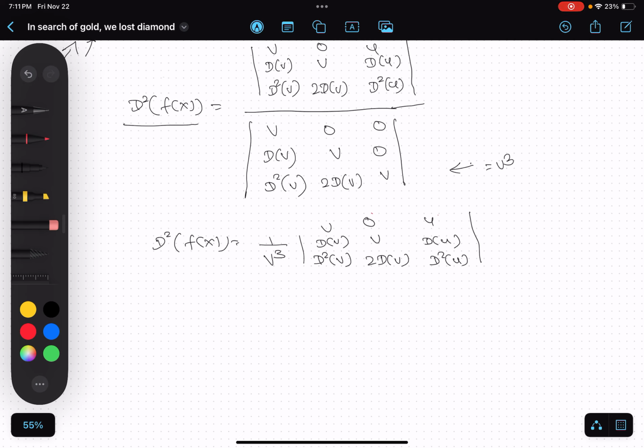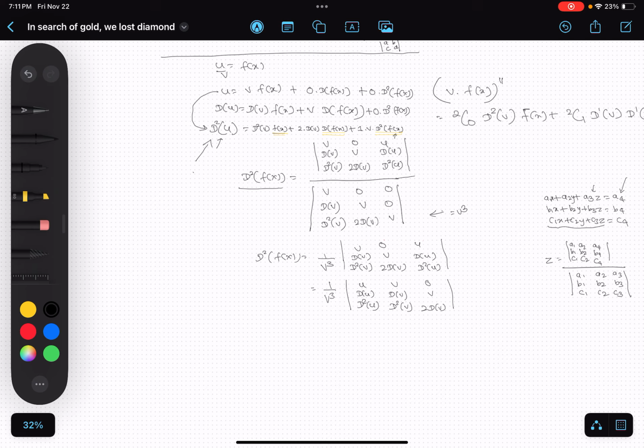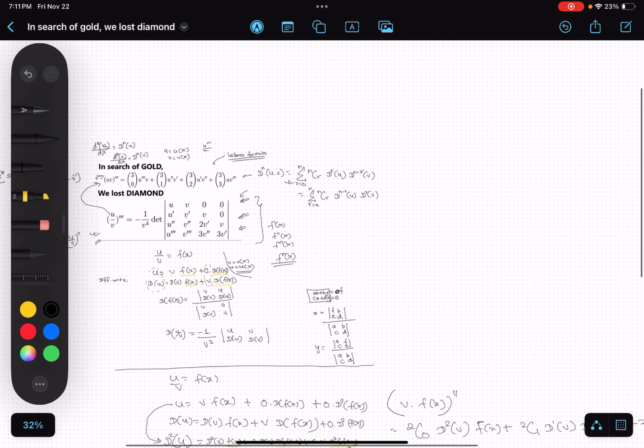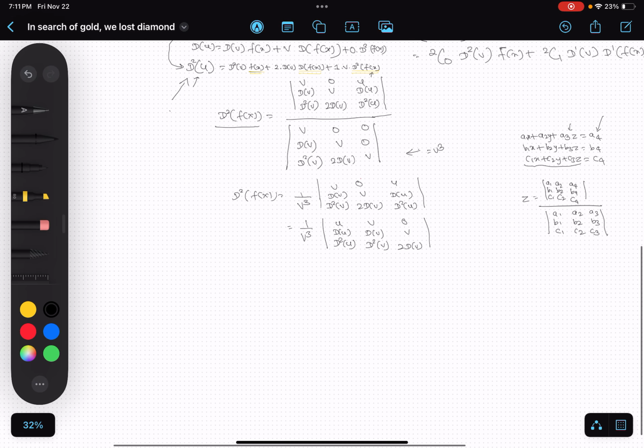It's only the case for this one, the cyclic permutation isn't changing the sign, right? So this is 1 by b cube times the determinant with u, du, d square u, b, dv, d square b, 0, b 2 dv. Okay, now let's get to the one that we were intending to find in this video.